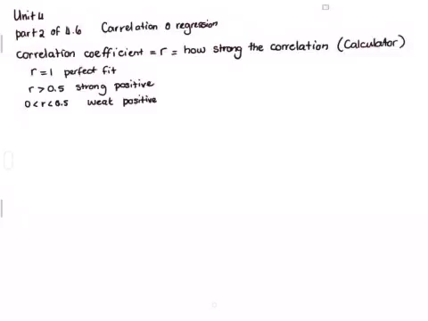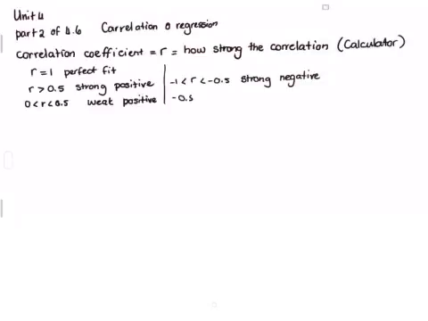If R is -1, it's also a perfect fit. But if R is between -1 and -0.5, it is a strong negative. And that just means that as your x value increases, your y value decreases.